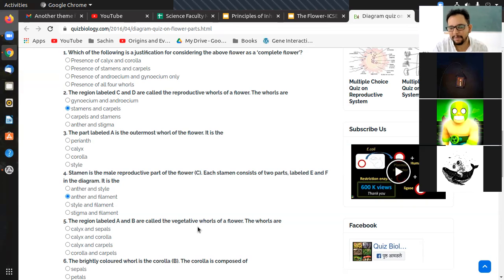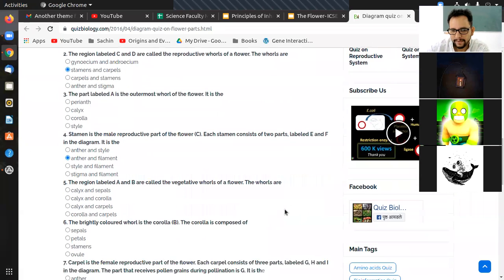Reproductive parts are your androecium, gynoecium, or what we call stamen and carpel. These are the reproductive parts. Apart from that, there is calyx and corolla, which we call sepals and petals. These are the vegetative whorls of the flower. So it's calyx and corolla.